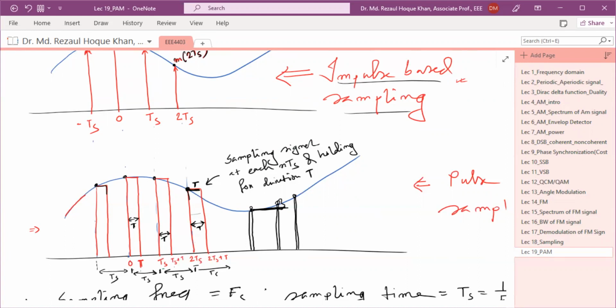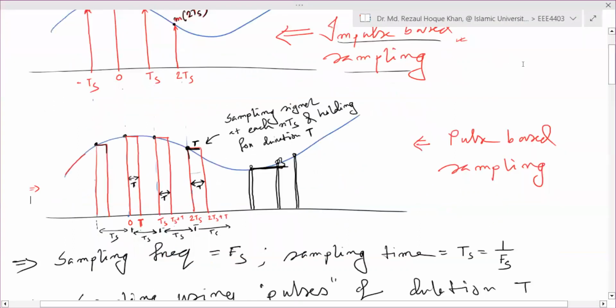So the pulse amplitude modulated signal will have a finite duration and finite amplitude. Rather than ideal sampling, which is very difficult to implement, we generate a train of pulses, which is more realistic. Okay, so this is how the pulse amplitude modulated signal is generated.